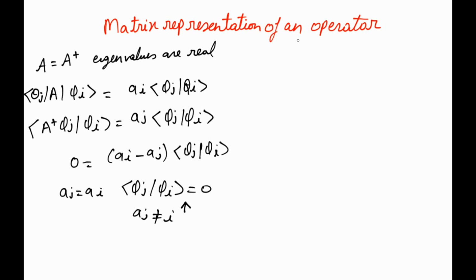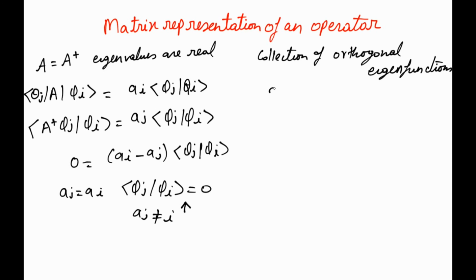So moving forward to matrix representation of an operator, let's say we have a collection of orthogonal eigenfunctions. And they are complete, which means they are good enough to express a certain state. They form a complete system.